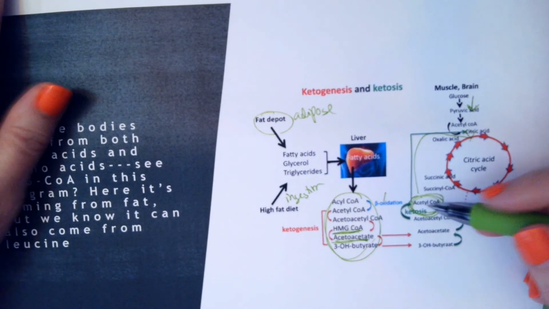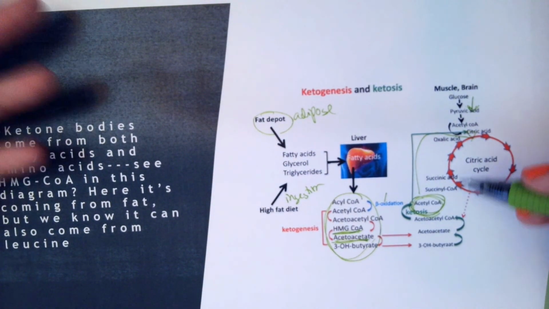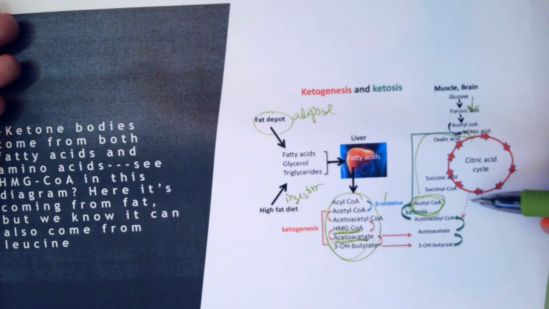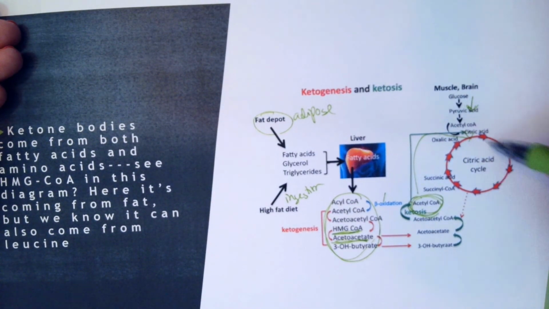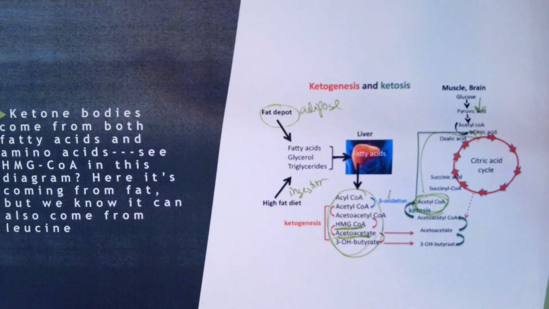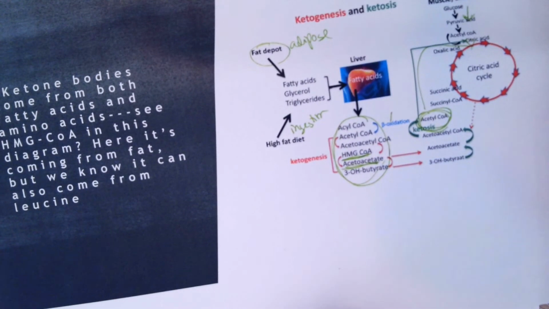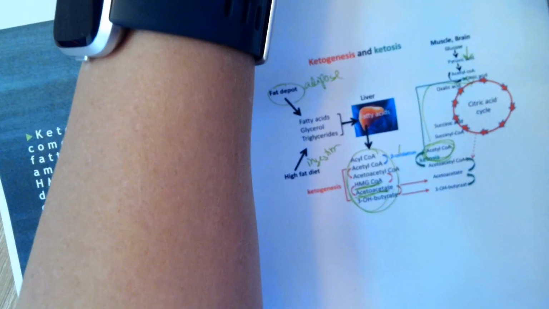Here, our acetyl-CoA is just coming from keto bodies, the same way that we saw in the previous slides, and we go into the Krebs cycle.